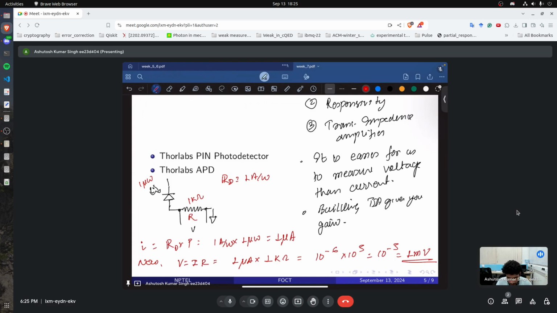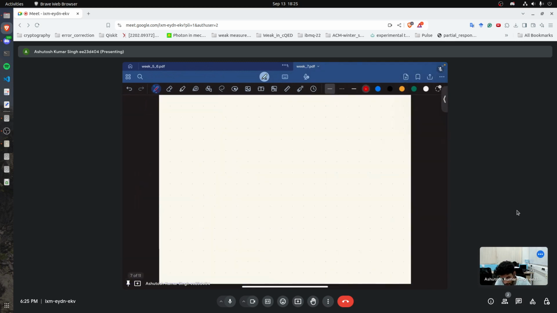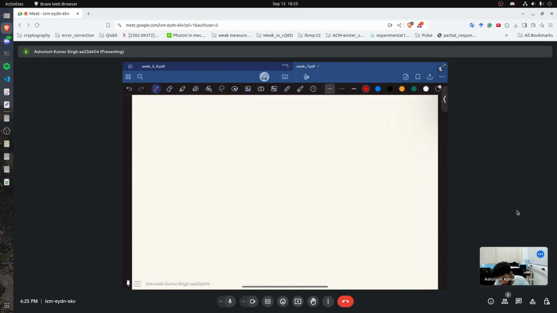So to get rid of this problem, we build circuits called TIA circuits, transimpedance amplifiers. In a transimpedance amplifier, you have it like this, and then there's a feedback. This is just a circuit to illustrate the point.